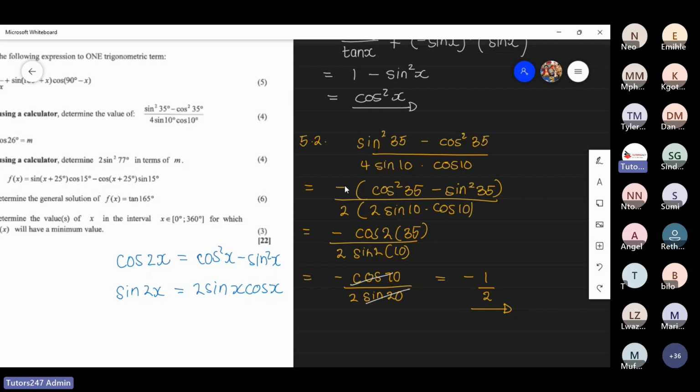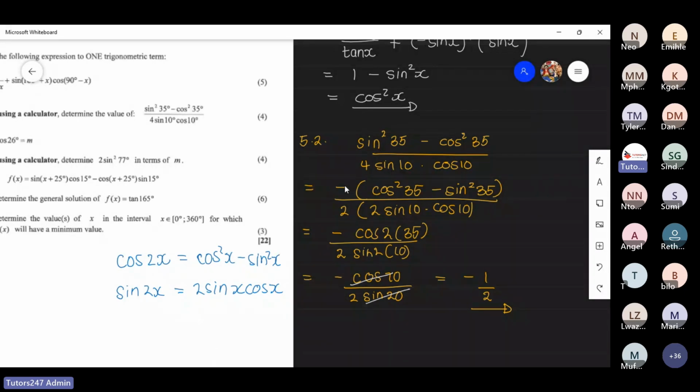So that is how I was able to take cos squared of 35 minus sine squared of 35 and make it cos 2 35. It is because that is a double angle formula. Hopefully at this point, June exams are quite close. You should already be able to do that without looking at your formula sheet, right?